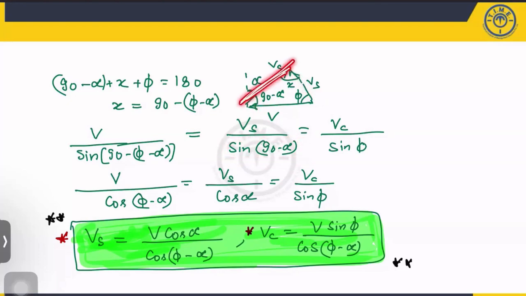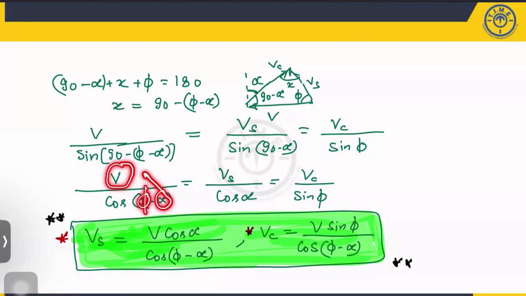Chip velocity, if you are considering this velocity, you have to consider the angle made by these two velocities, which is nothing but sine phi. So cos(90 - phi - alpha) is cos(phi - alpha). That is, v / cos(phi - alpha) = shear velocity / cos alpha = chip velocity / sin phi. So once you know one velocity and the rake angle is given, the phi value you can easily calculate.